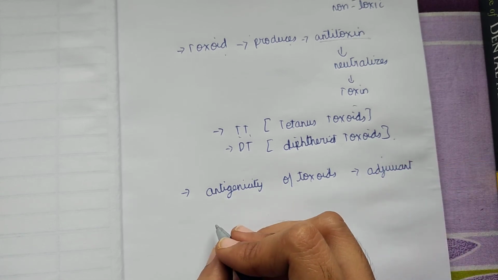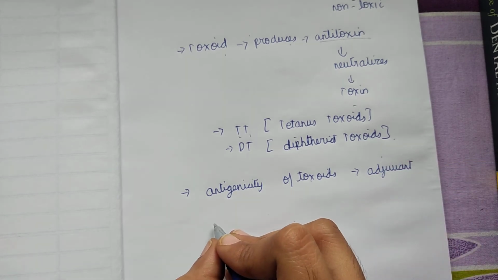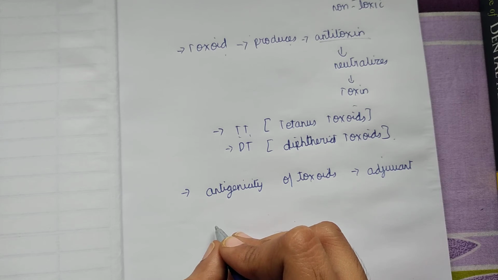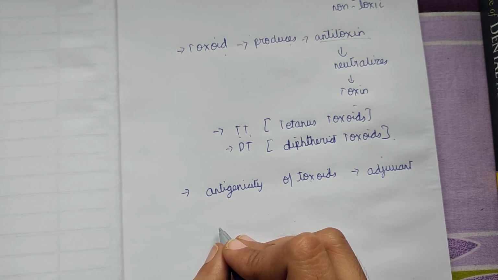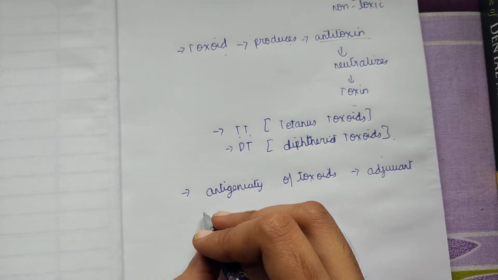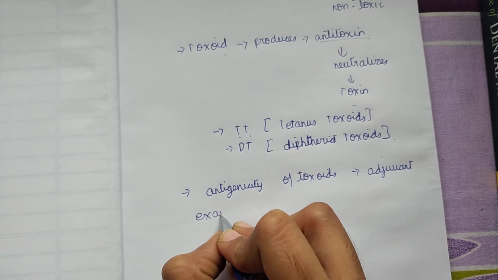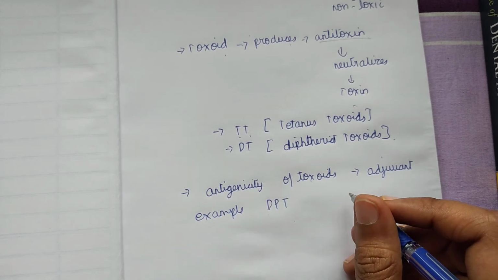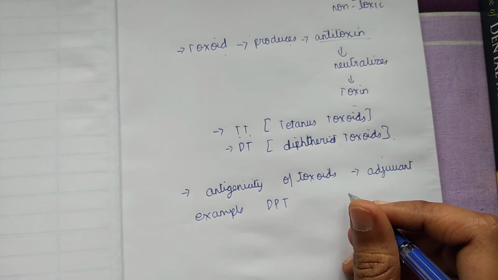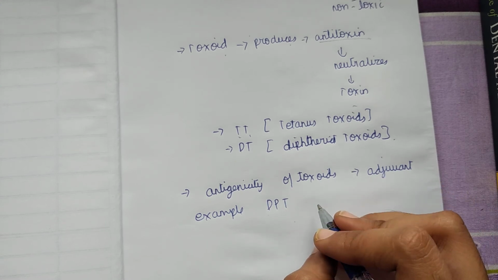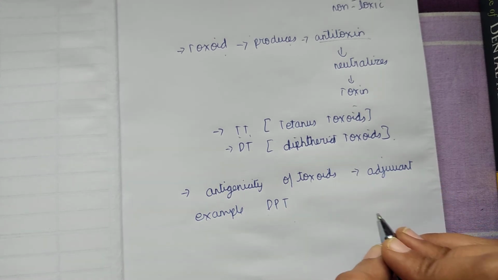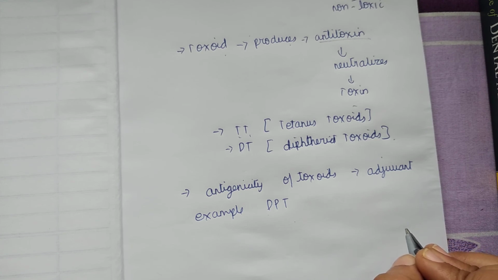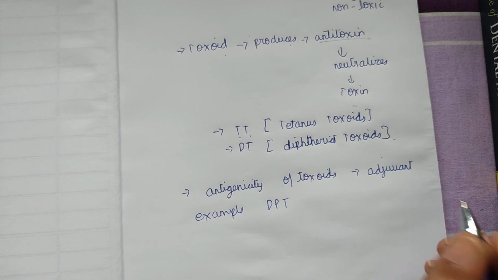For example, we mix a bacterial vaccine with the toxoid. Example, DPT: diphtheria, pertussis and tetanus, in which the pertussis vaccine potentiates the activity of the diphtheria and tetanus toxoids.